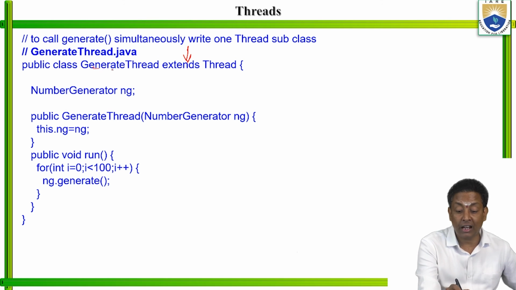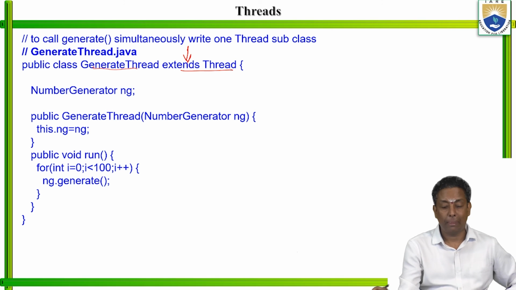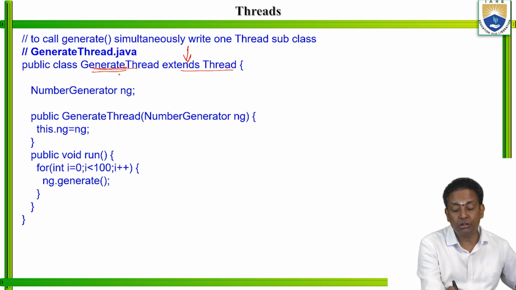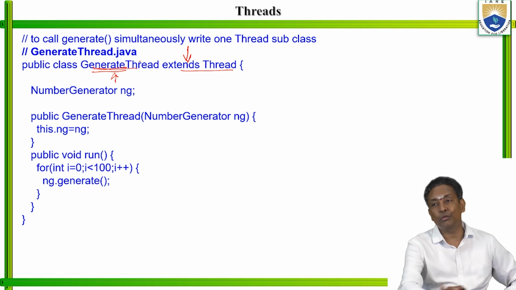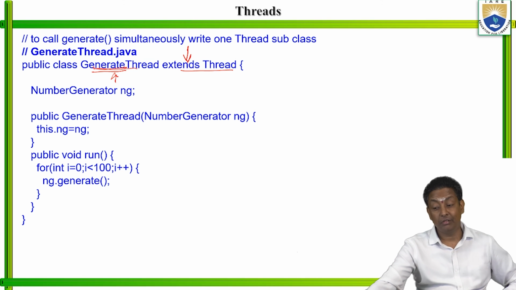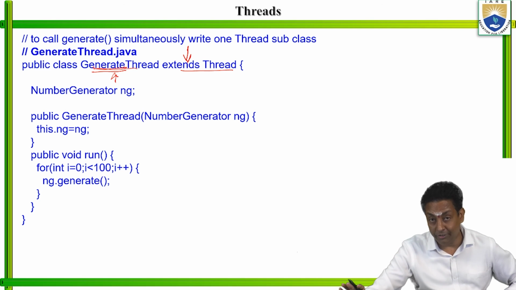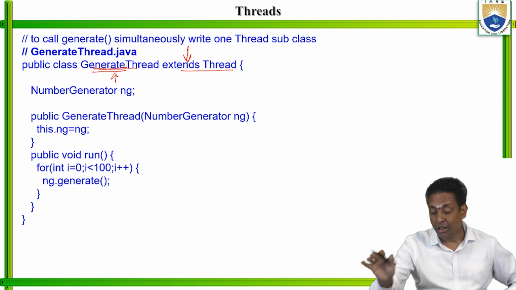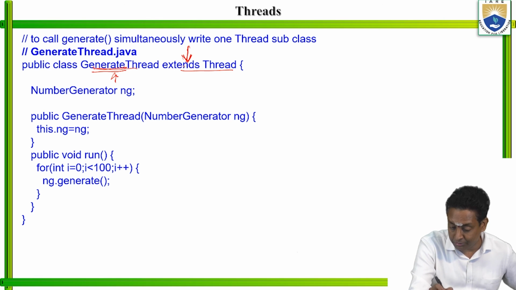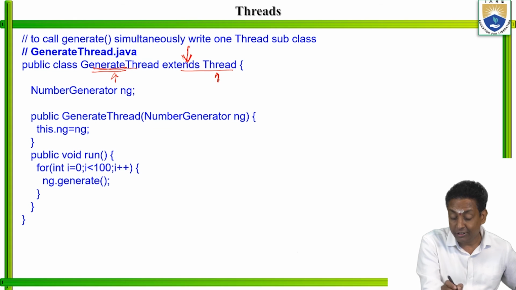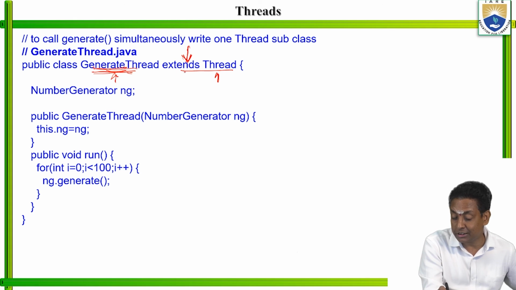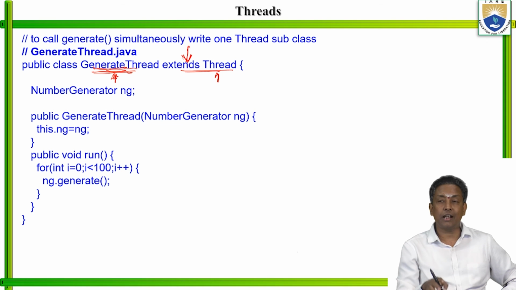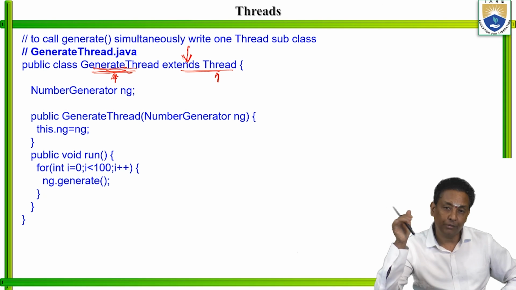That means once a class extends from thread, this class will lose the chance of extending from one more class.